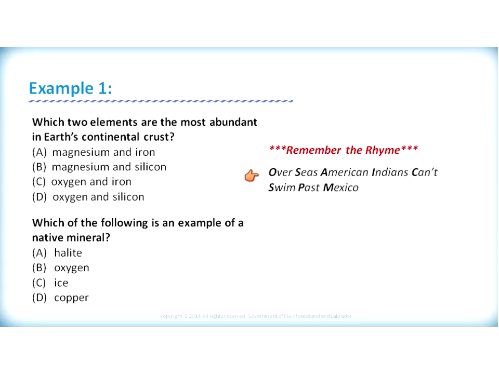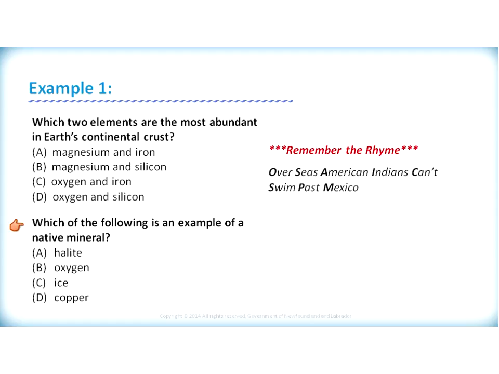The rhyme that we remember, overseas American Indians can't swim past Mexico, will outline the 8 most abundant elements in Earth's crust. So if we look at the first two, overseas, that would stand for O, oxygen, S, silicon. So the two most abundant elements are oxygen and silicon that exist in Earth's crust. So the answer to this question will be D, oxygen and silicon.